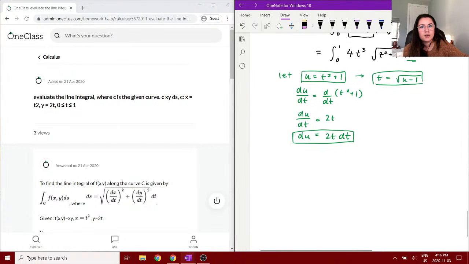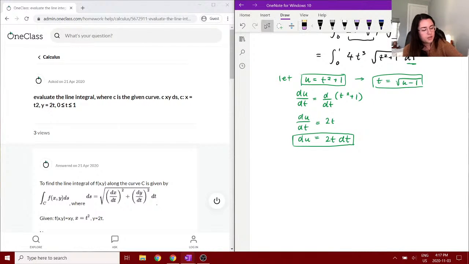All right. So working with this equation, going back to this, remember to change the bounds. Originally we have t from 0 to 1. So that's what we're going to use this equation for. To find the bounds, u equals something new and u equals something else.